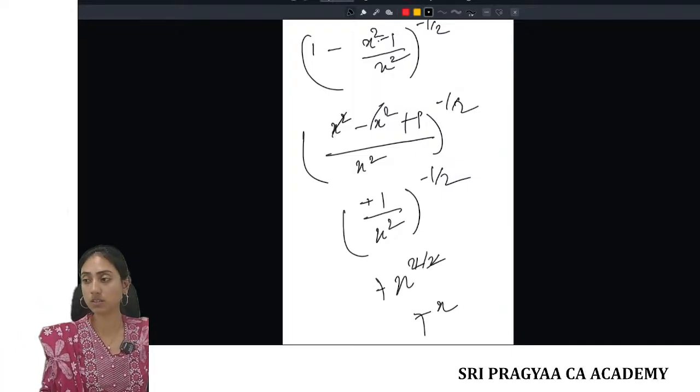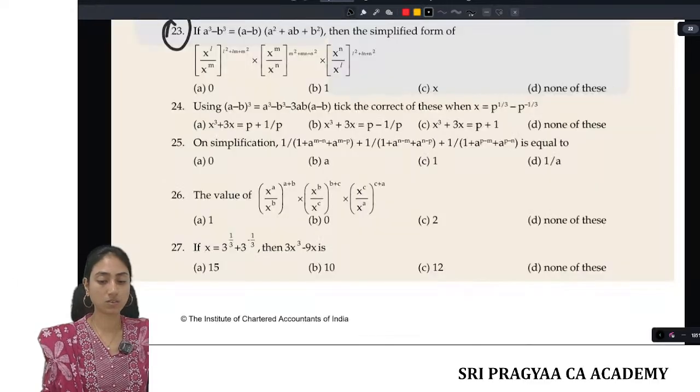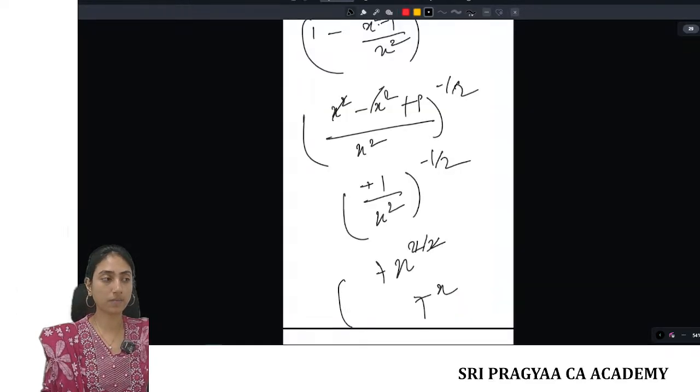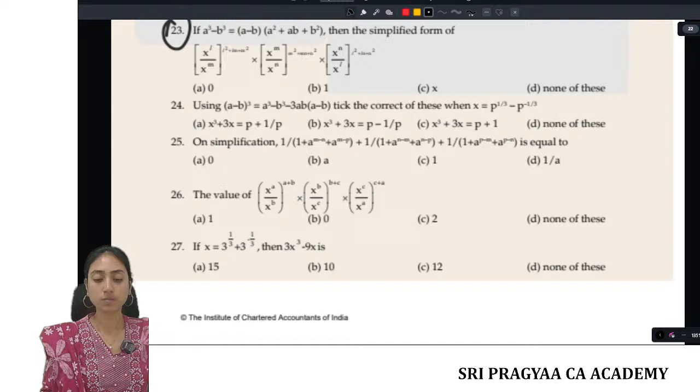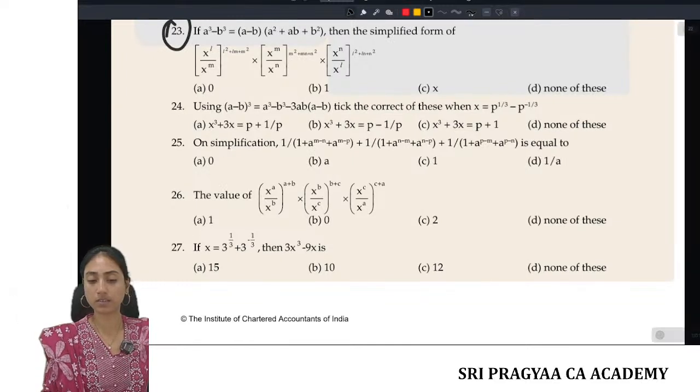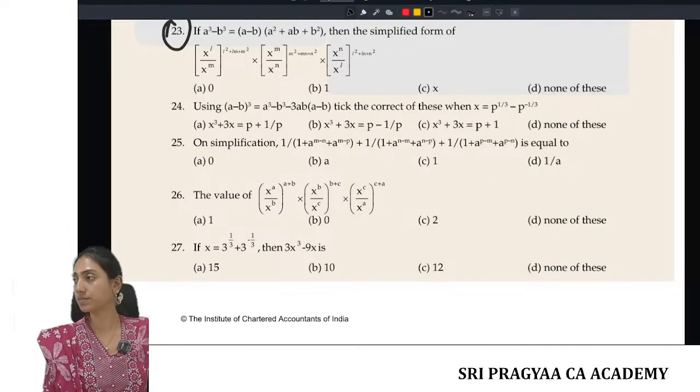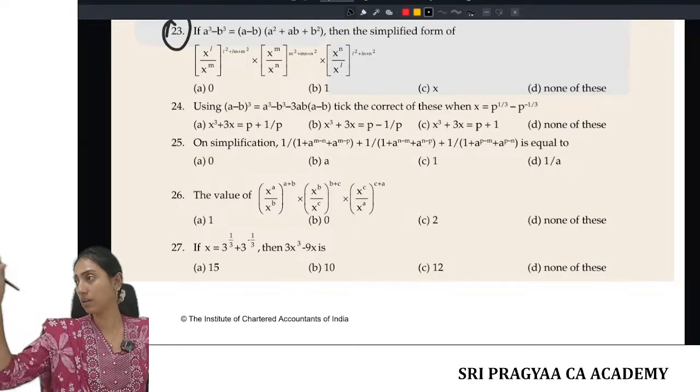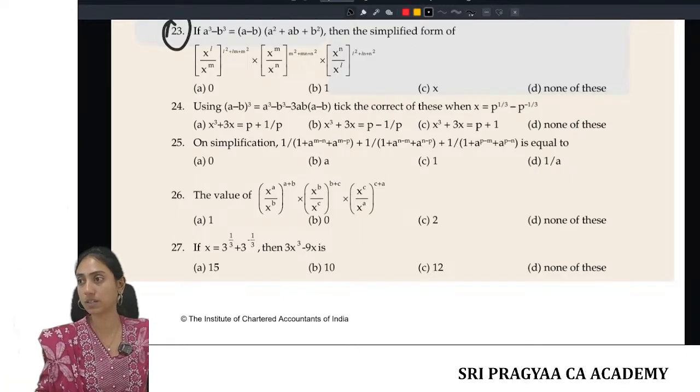Are you done with 21? No, ma'am, I still didn't get it. Okay, I'll walk you through, just a minute. The formula is given here, so work with the same formula. Cube p to the 1 by 3 minus p to the minus 1 by 3, write it in this formula, and see what answer you get.